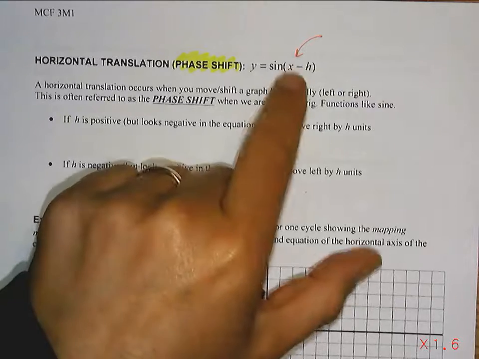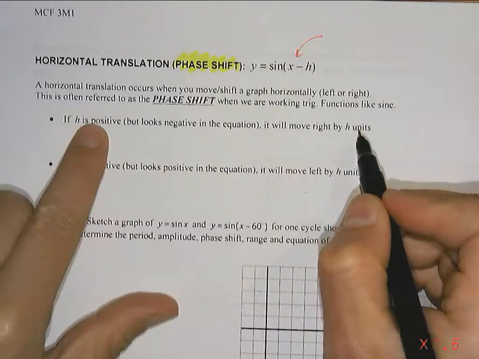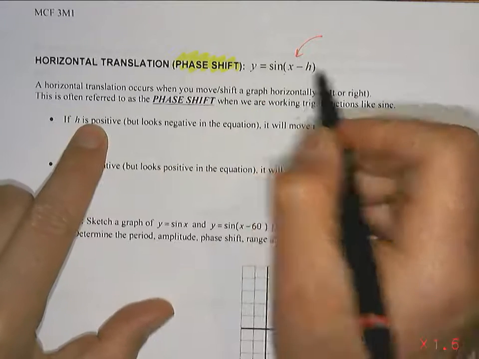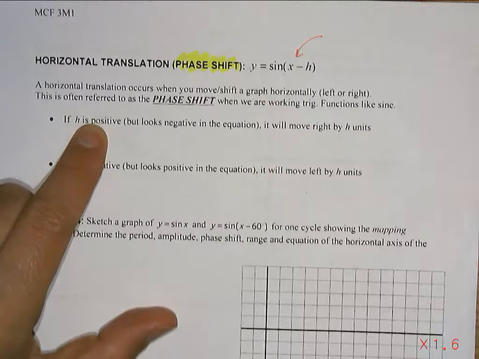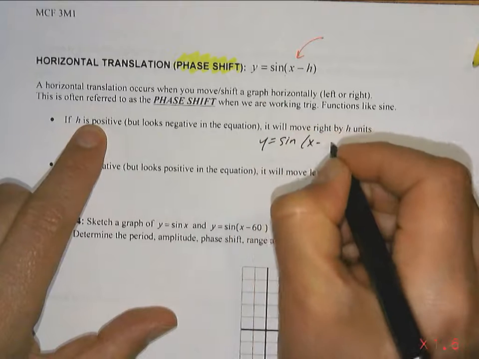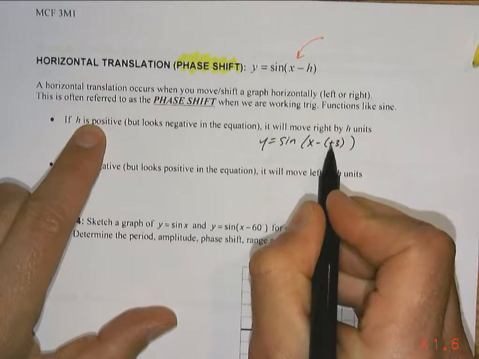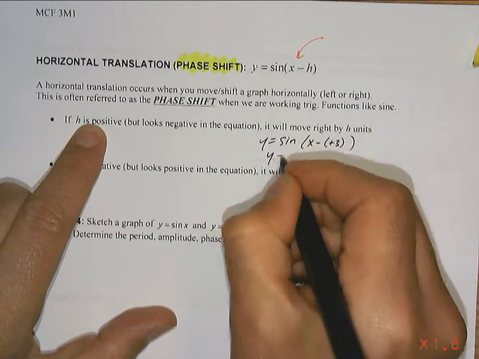Now, the formula has a negative. So if h is positive, if this h value is positive, it's going to look something like this: y equals sine of x minus 3. Well, that negative and that positive are going to go together to give you that.